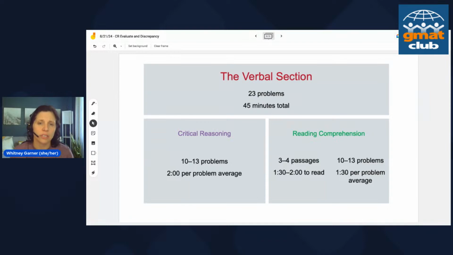Reading comprehension is here to test your ability to chew up large amounts of text-based information and be a good researcher.